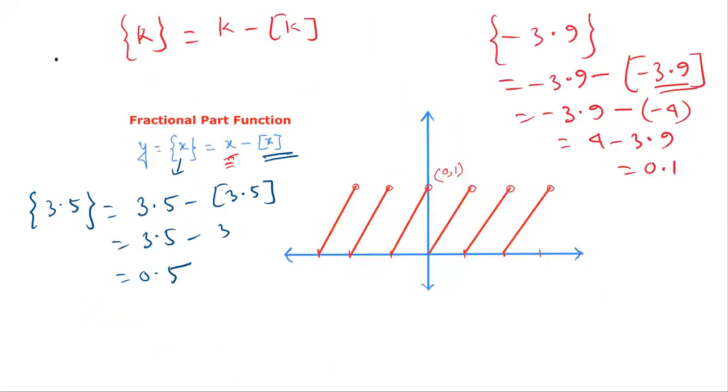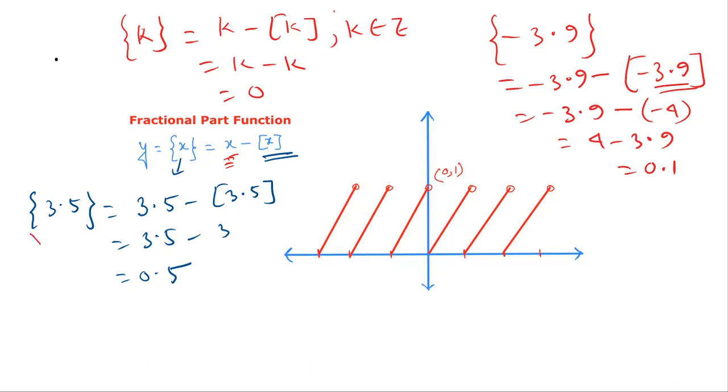Since k belongs to the integers, k minus k becomes 0. So for any integer point, the fractional part will become 0.